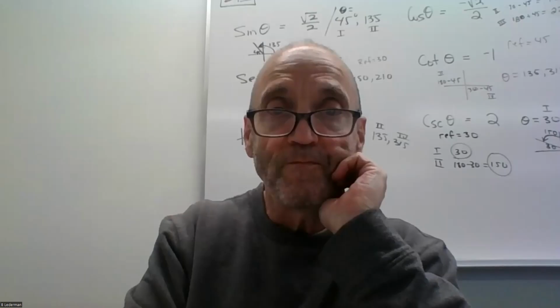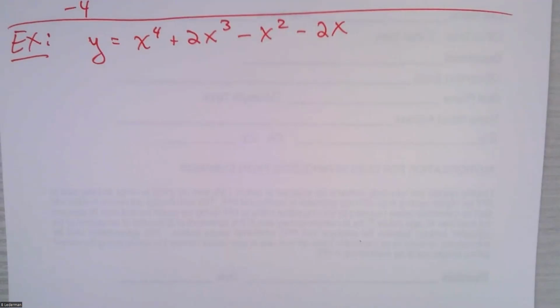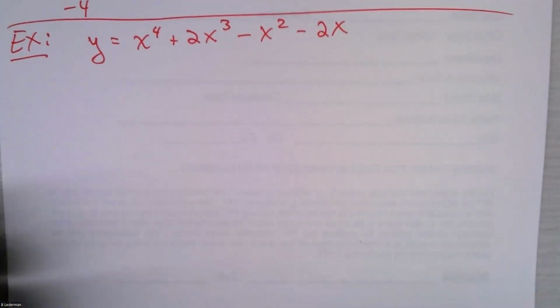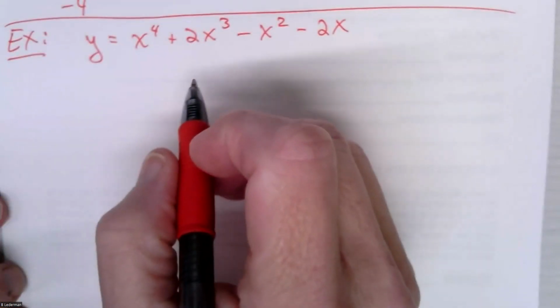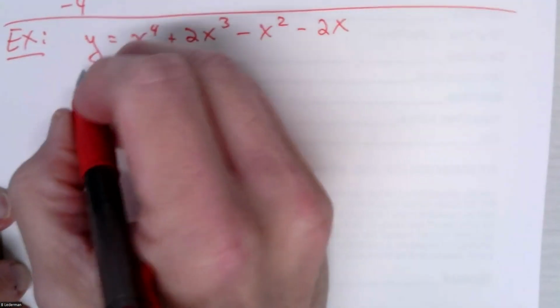Okay, let's do another exciting example. Okay, here's a nice little problem. y equals x to the 4th plus 2x cubed minus x squared minus 2x. We want to find the concavity and the points of inflection.